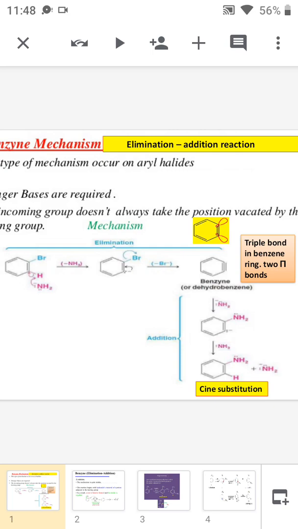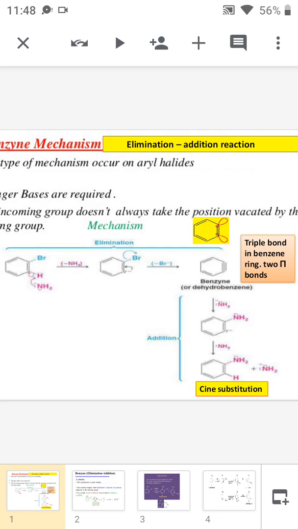Since triple bonding is very difficult in the benzene ring, the benzyne intermediate is very reactive.